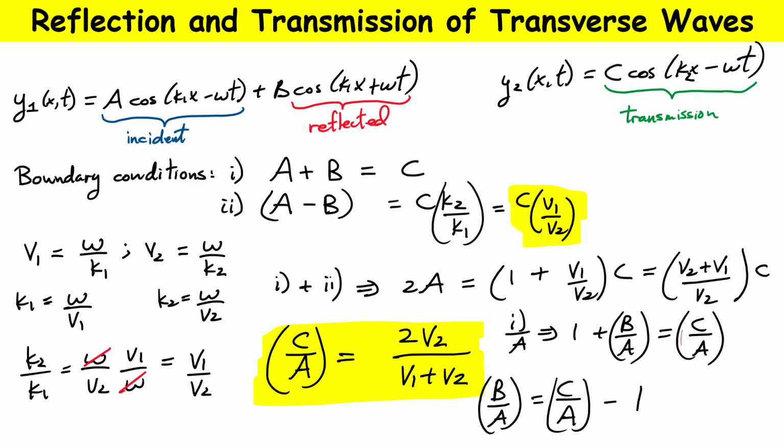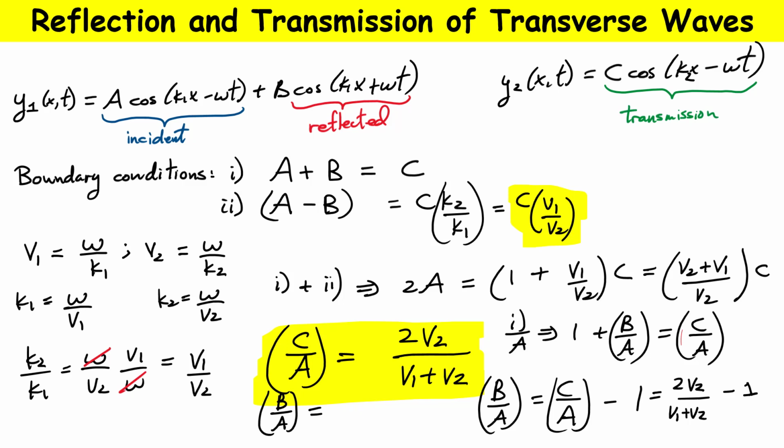Okay, well now let's substitute our values. What did we have for the ratio of c over a? I had 2v2 over (v1 plus v2), and now minus, oh careful, minus 1. All right, at the end, if you put this on a common denominator, this is what you're going to end up getting. You're going to get that the ratio of b over a, I'm running out of space here, b over a should be equal to the difference of velocities.